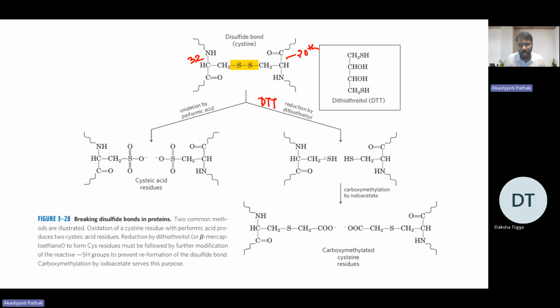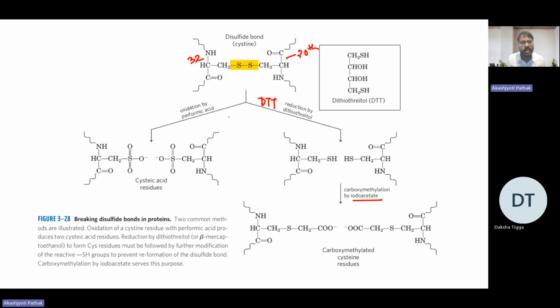So this molecule is treated with iodoacetamide or iodoacetate. What iodoacetate does is that it attaches a CH2COO minus group to the sulfur atom so that the disulfide bond is not reformed. Okay, is this point clear?